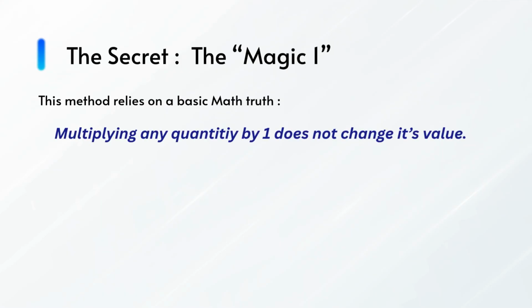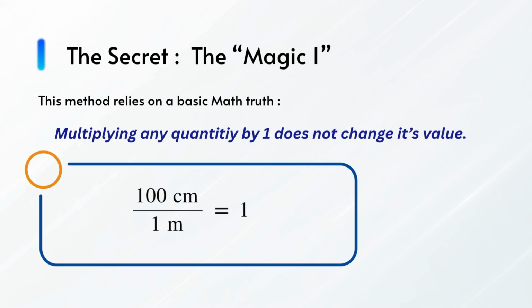Now let's understand the secret behind this method. This method relies on a very simple mathematical idea. Multiplying any quantity by 1 does not change its value. Now look at this fraction: 100 centimeter upon 1 meter. Since 100 centimeters equals 1 meter, the numerator and denominator are equal.